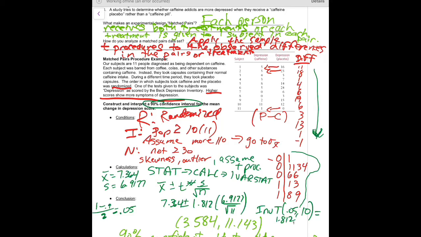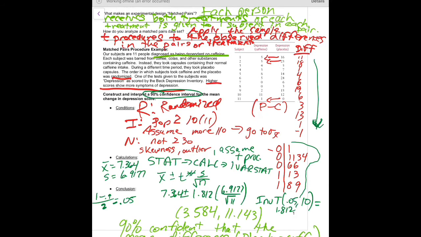Okay? For all, whatever they called these people diagnosed as caffeine dependent. I don't know. For all caffeine addicts, we'll call them, is between 3.584 and 11.143.